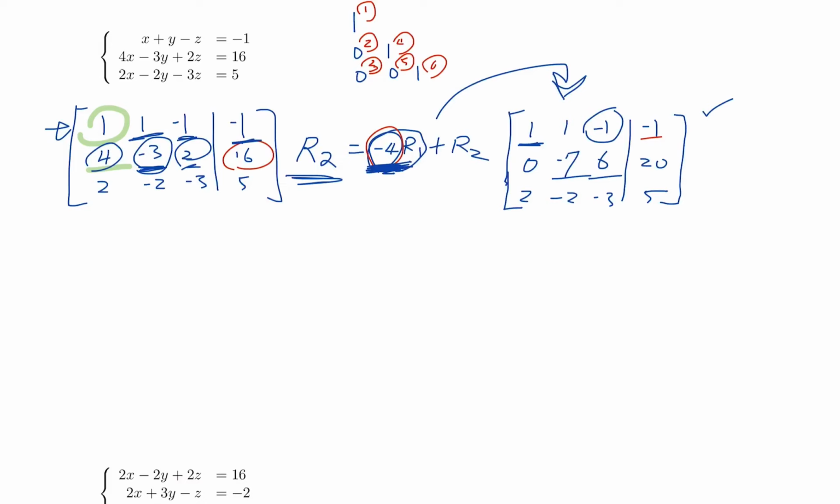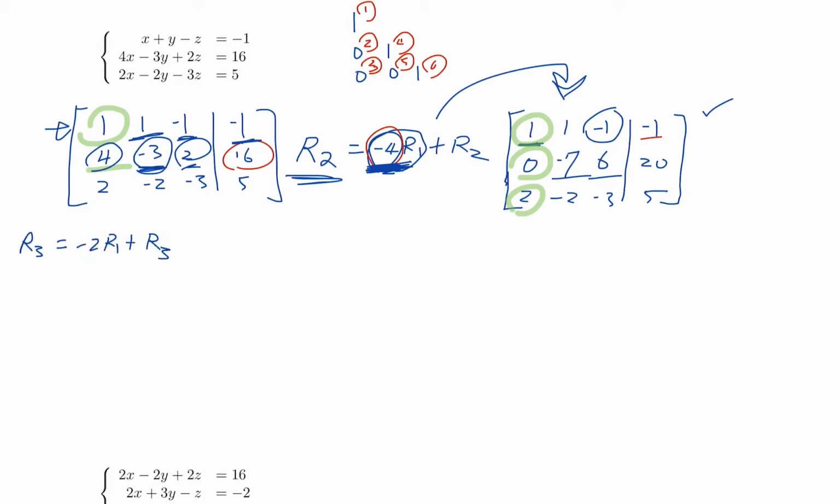So then with this 2, okay, so let me do this. 1's good, 0's good. Now we want to make this 2 0. So what do we do? R3. Now R3 will be negative 2 times R1 plus R3.